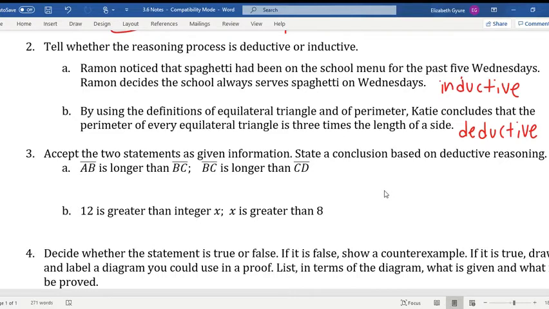So if this information is all true, segment AB is longer than BC, but BC is longer than CD, so a conclusion that you could come to is that segment AB must therefore be longer than CD. So we would say segment AB is longer than segment CD.